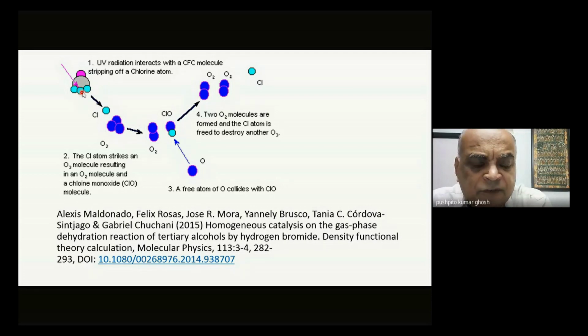Now, what happens is that this stuff in the upper atmosphere, because the maximum concentration of ultraviolet radiation is there in the upper atmosphere, in the presence of the UV radiation, undergoes a radical reaction. It basically just breaks up and generates a chlorine radical, Cl dot. So the ozone which is there in the upper atmosphere is broken down by the chlorine radical.